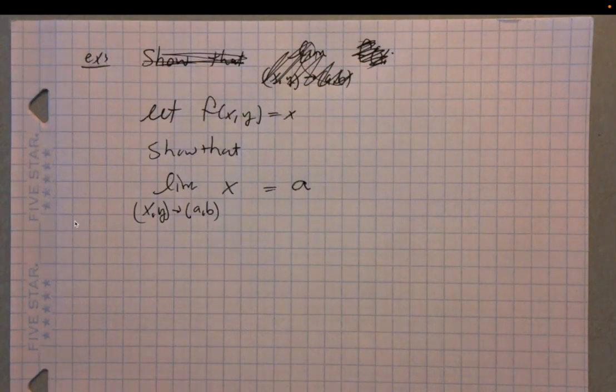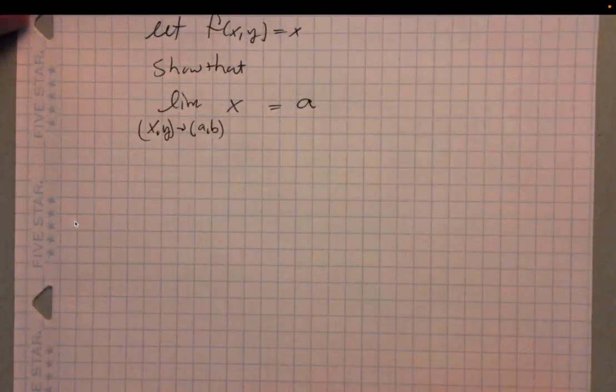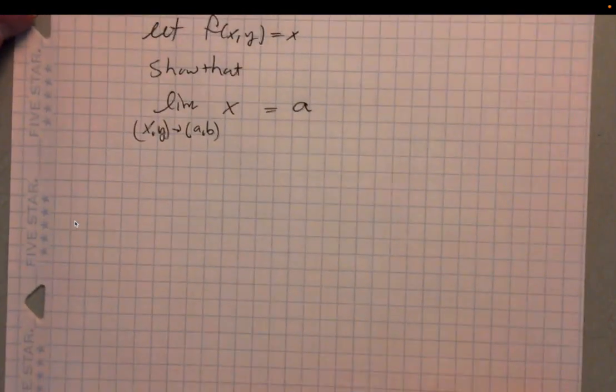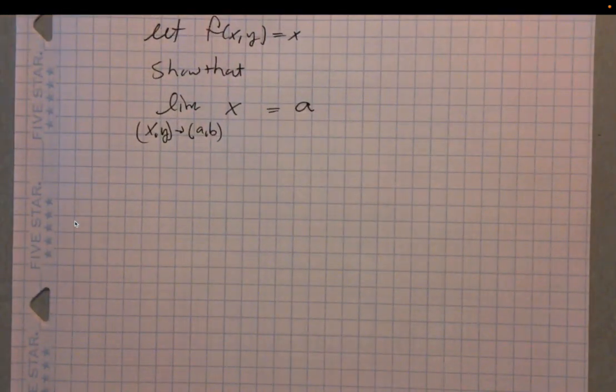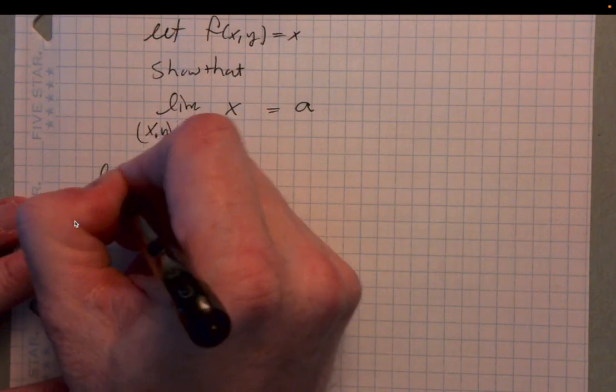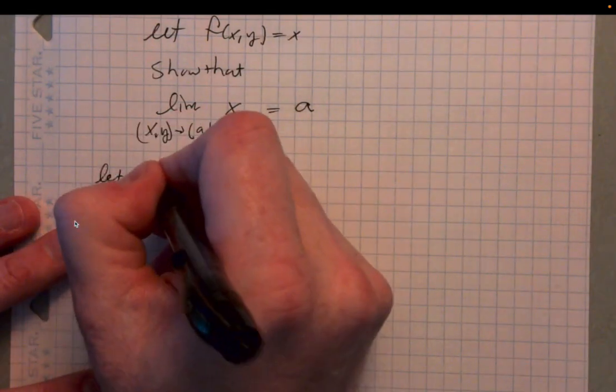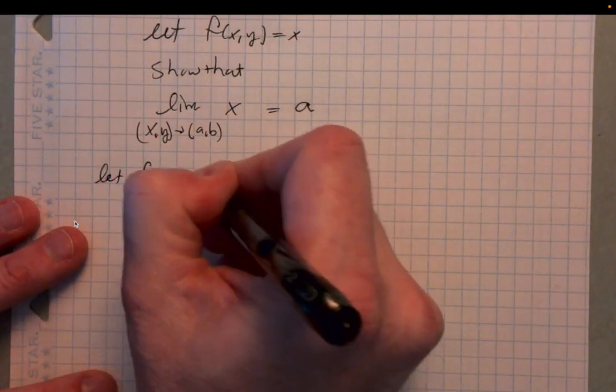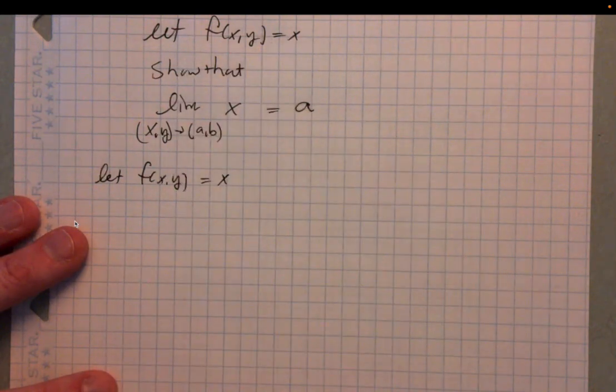Okay, and so again, we're just going through this example because we want to think about how to set up these proofs, what kind of chain of reasoning needs to be established. So let's start by letting f(x,y) equal x. We kind of have that.